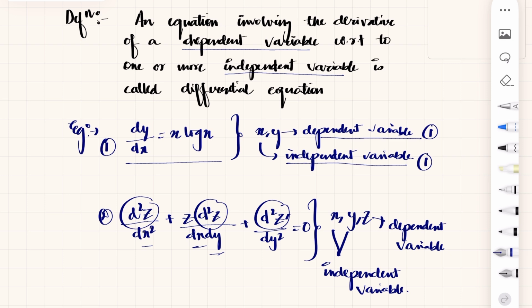How many dependent variables are there? Only one, valid. How many independent variables are there in this equation? There are two, x and y. So this is also a good example of a differential equation.